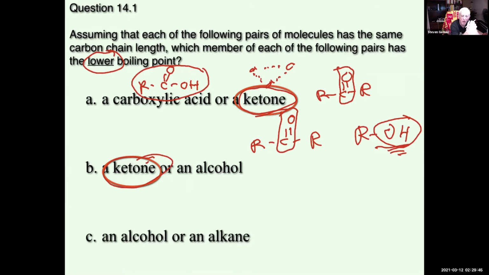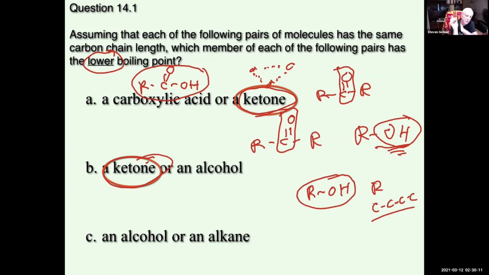An alcohol or an alkane. Alcohol is an R-OH. Alkane is just an R group, so it's got the carbon chain. The alcohol has one polar group and hydrogen bonding. The alkane has no polar groups and no hydrogen bonding, obviously, if there's no polar groups.